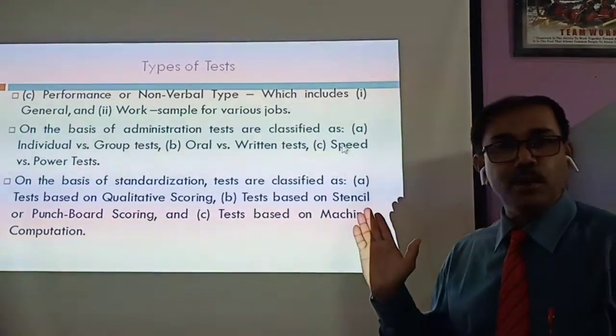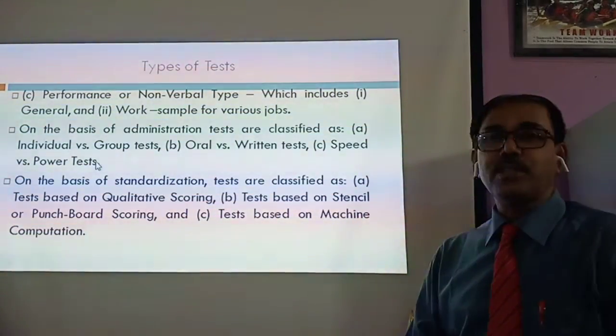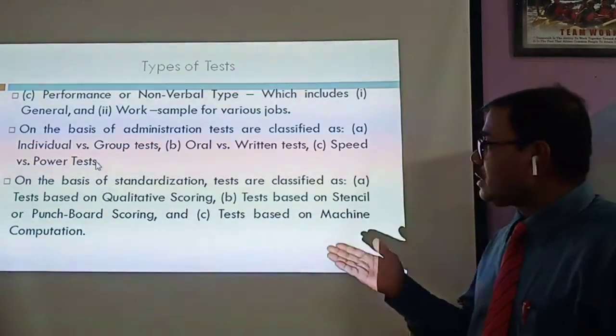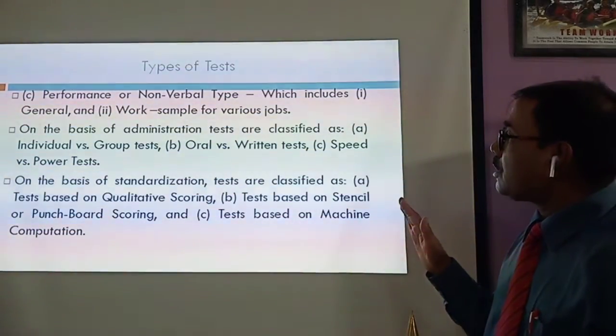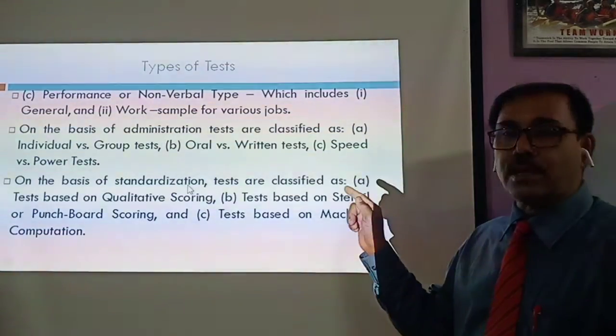We understand about written test. Speed versus power test. Next, on the basis of standardization, this is also a very much technical statistical term.